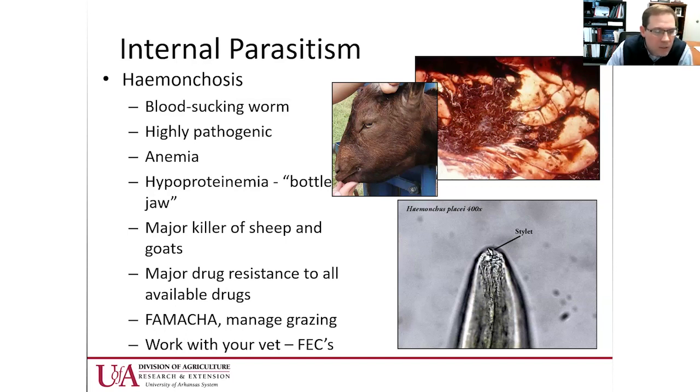I would only use it in the animals that really need to be dewormed, and certainly not deworm every animal in the group if they don't need it, and try and preserve the drugs that you have. And another thing you can do is FAMACHA testing. Many of you may have heard of that before. Probably all of you, if you've raised sheep and goats at any amount of time, have heard of this.